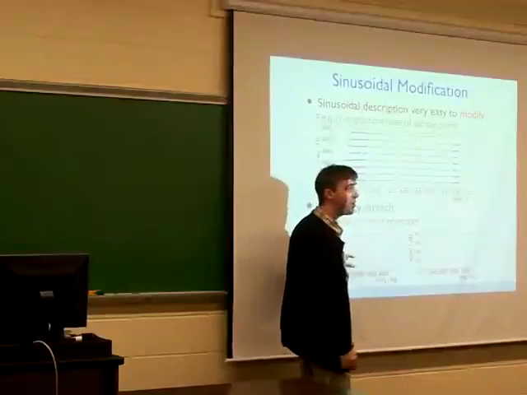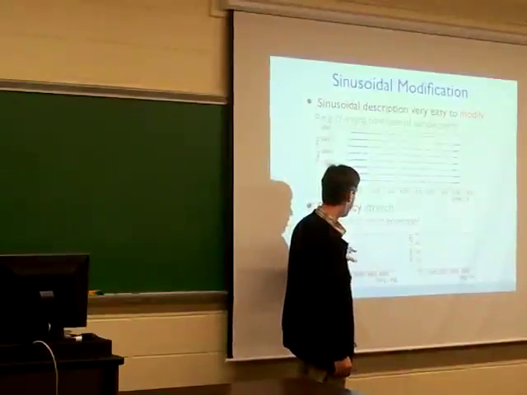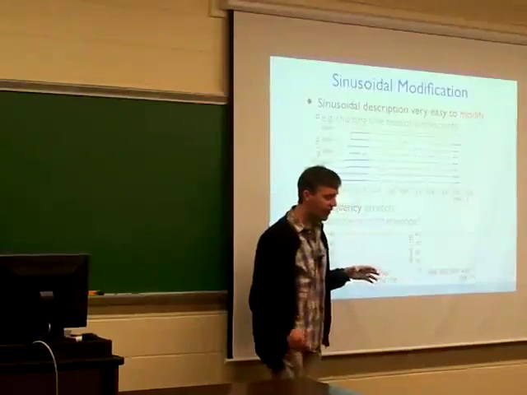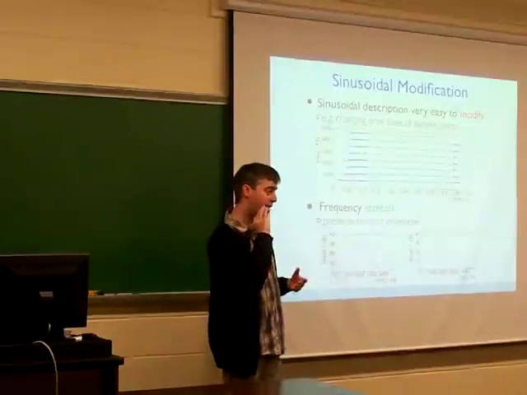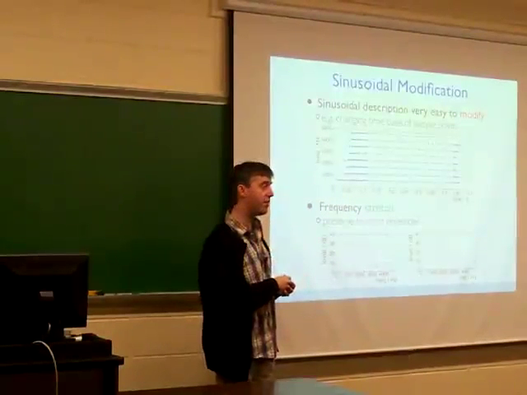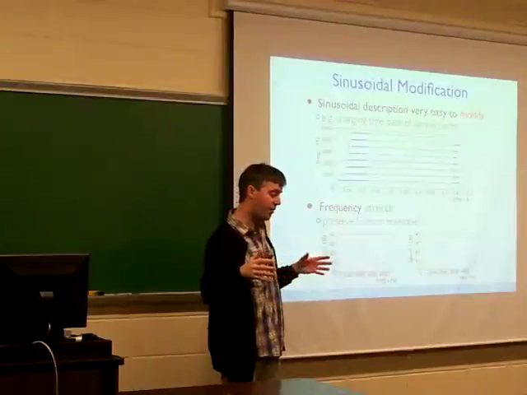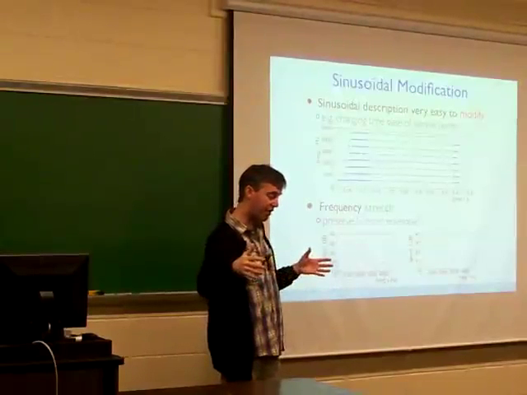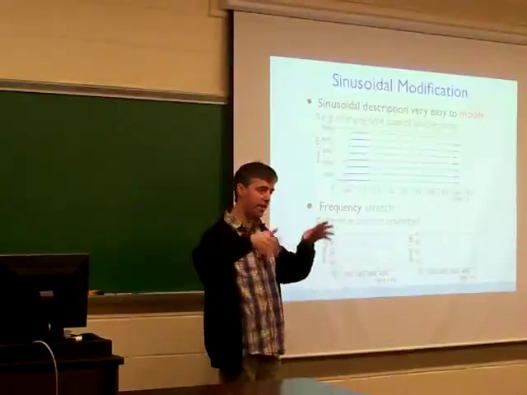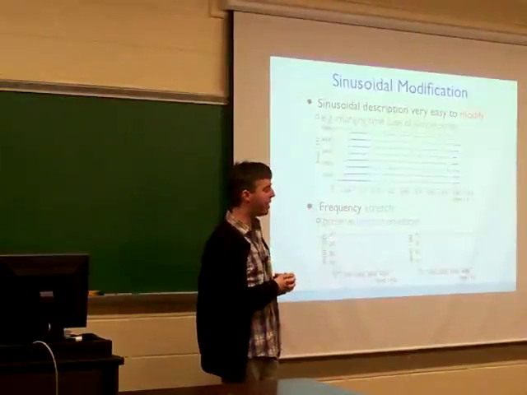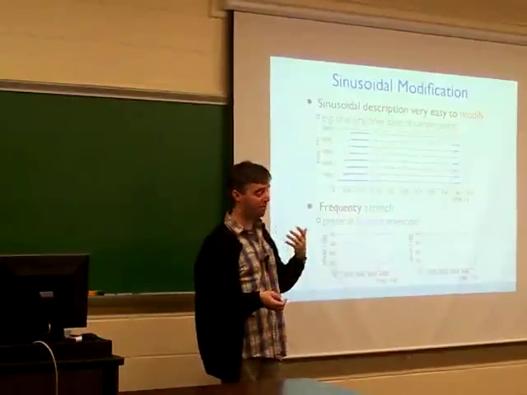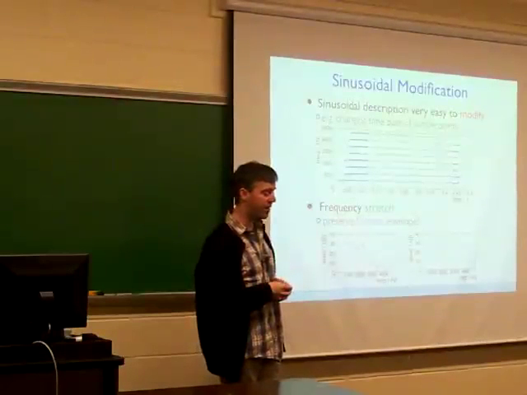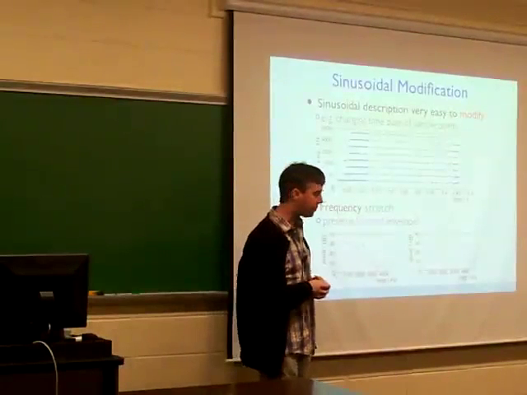There are some issues in how you do the frequency stretching. If you have a sound which is like a voice, which is a periodic signal going through a set of resonators, if you stretch the harmonics, you stretch the pitch, but you also stretch the frequencies of the resonant peaks, right? So these harmonics are picking out resonant peaks. And that can sound unnatural because we're sensitive to the frequencies of those peaks.